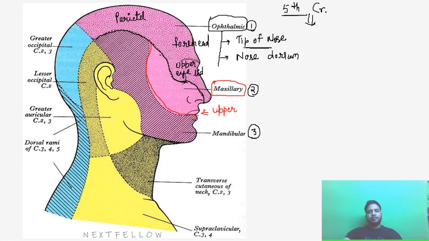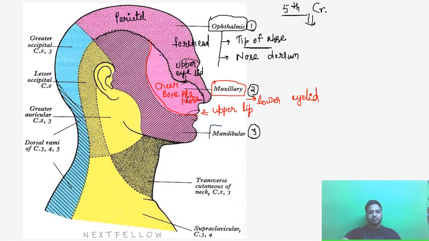Upper lip, then ala of nose, then cheekbone and lower eyelid. Lower eyelid by means of the infraorbital nerve. So the maxillary division is supplying the lower eyelid, the cheekbone, ala of the nose and the upper lip. So this much part is supplied by the maxillary nerve.